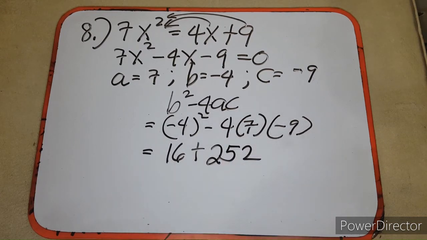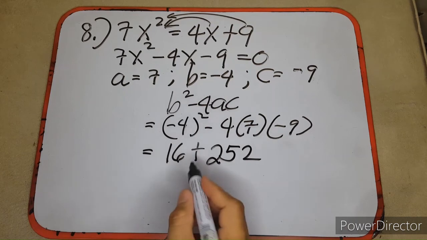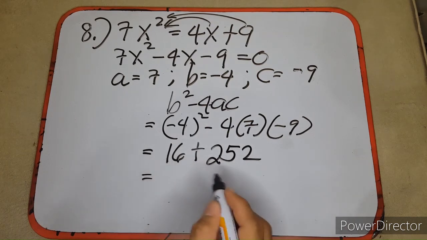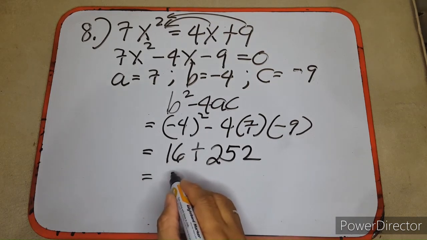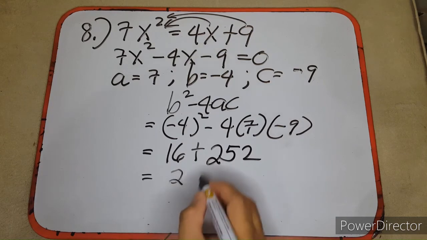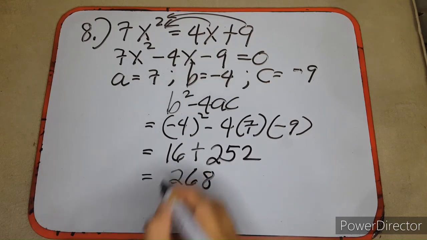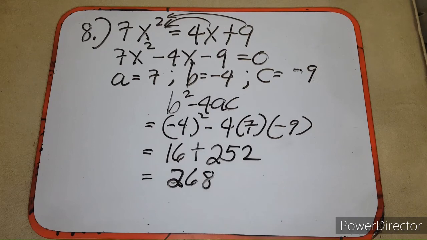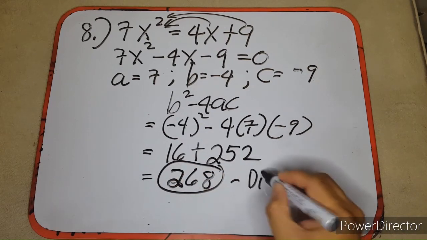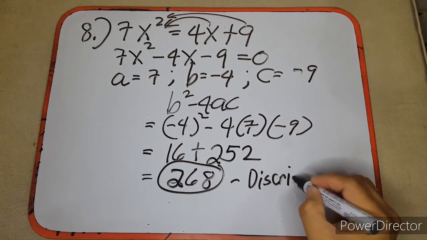So, correct ba yun? So, 9 times 4 is 36 times 7. So, that is 252. Then, add the 16, we'll come up with 16 plus 252. That would be 268. So, 268, the value that we got there, again, that is what we call the discriminant.